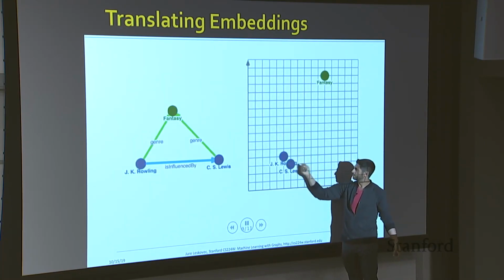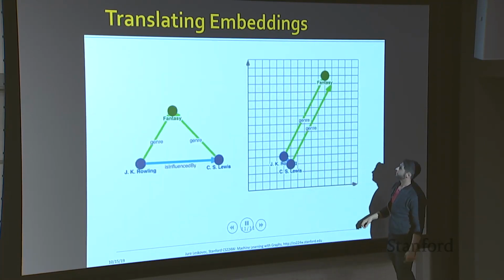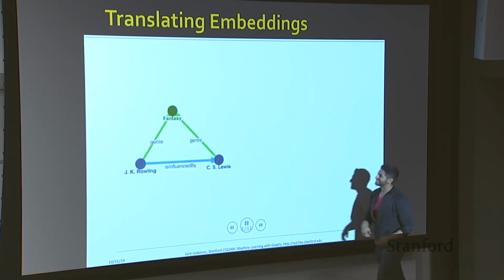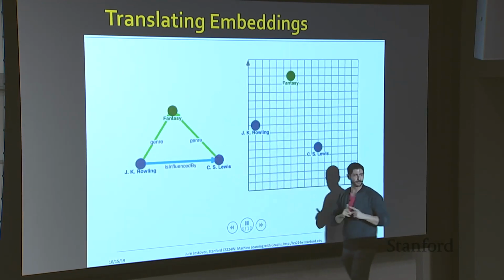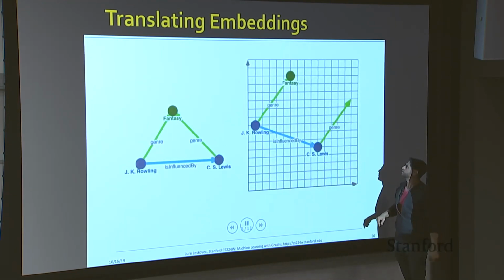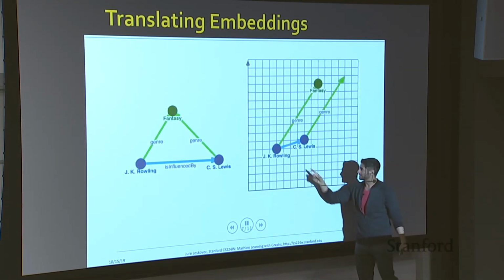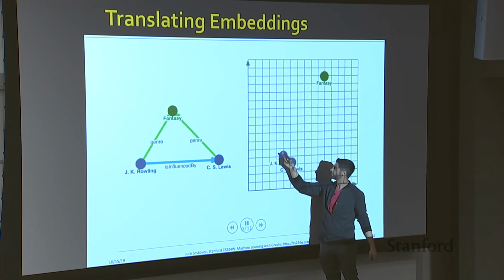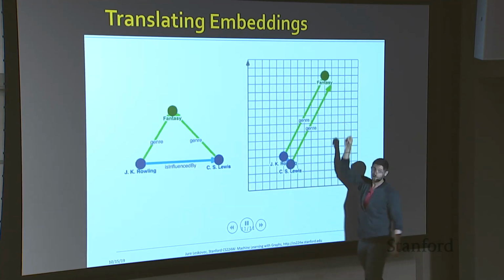So at each step of the optimization, these two nodes are getting close to each other, and the reason is, these edges, the genre edges, are both pointing to the fantasy entity node, right? So what this translating embedding does for us is that it tells us, okay, a relation is nothing but a translation in the space from an entity node, the head entity node, to the tail entity node.